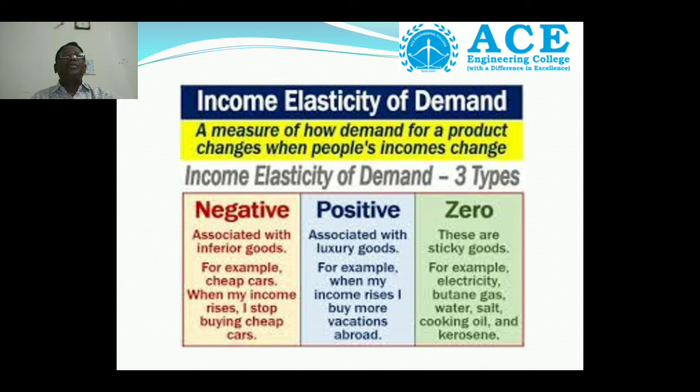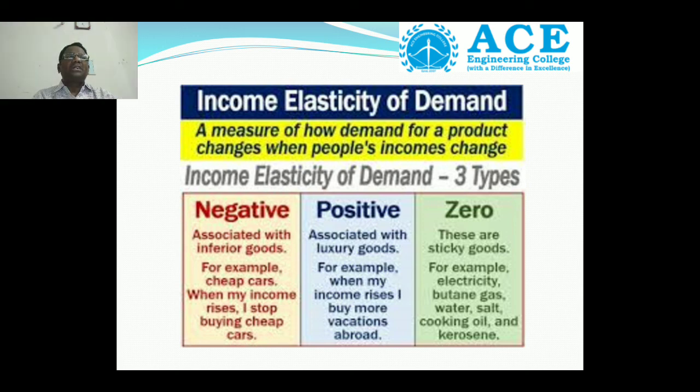Next, positive income elasticity of demand is associated with luxury goods. Example, when my income rises, I buy more vacations abroad, that means foreign tourism. Next is zero income elasticity. Whether my income increases or stays constant, I stick to that particular good; that type of elasticity we call zero income elasticity.